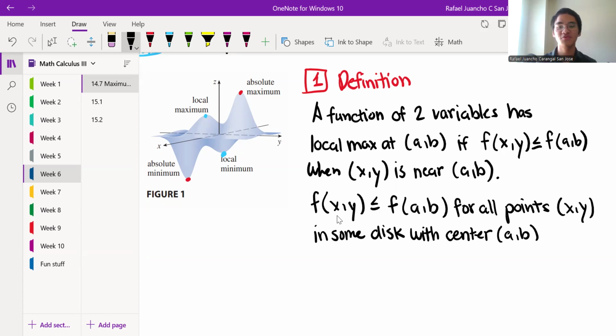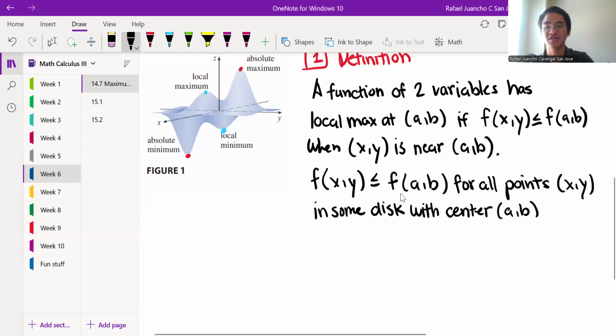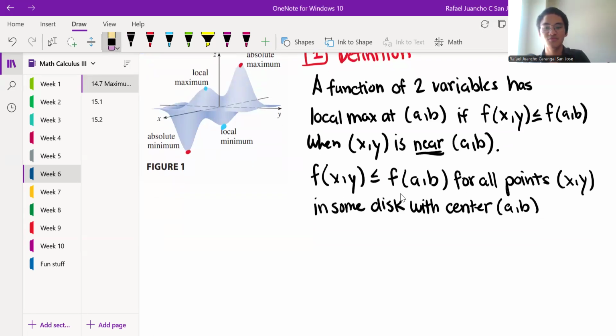Okay, now we're trying to be a bit more precise here. What do we mean when we say near? Well, we mean this.